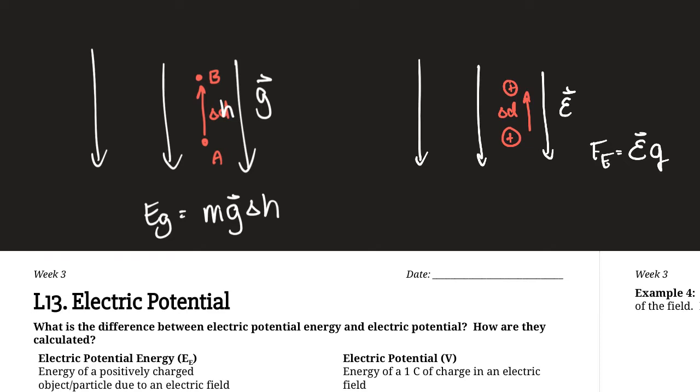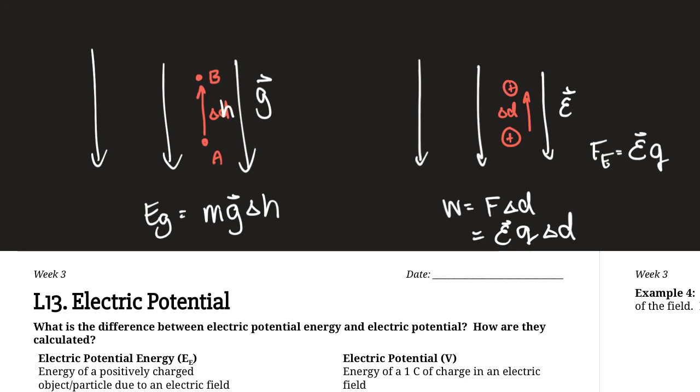So if we think about this in terms of the work we do, the work is going to be the force times the distance. So if we say the force is the field strength times the charge, the work is just going to be the field strength of the electric field times the charge times the height, or the distance we move it in that field.